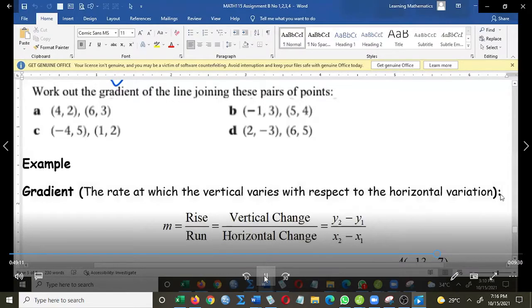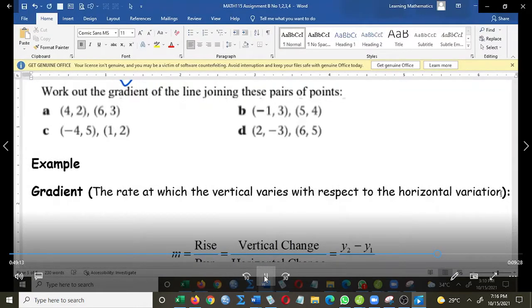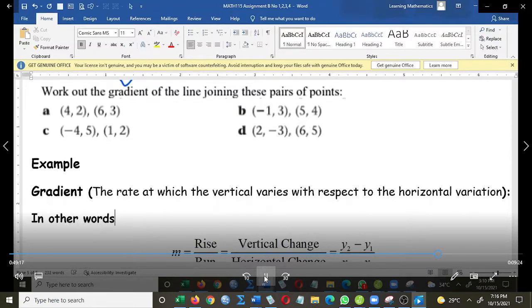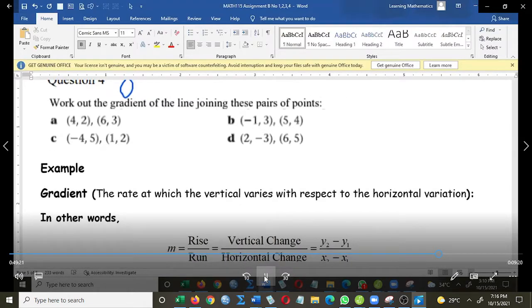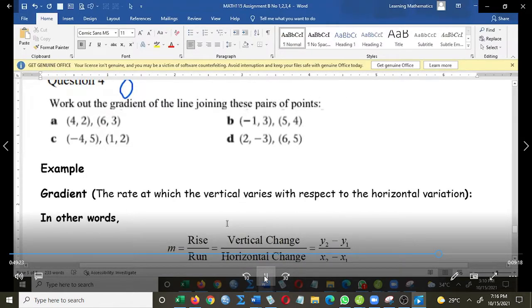In other words, let's expound on this a little bit. In other words, based on what we had said about gradient before, what can we add to that?